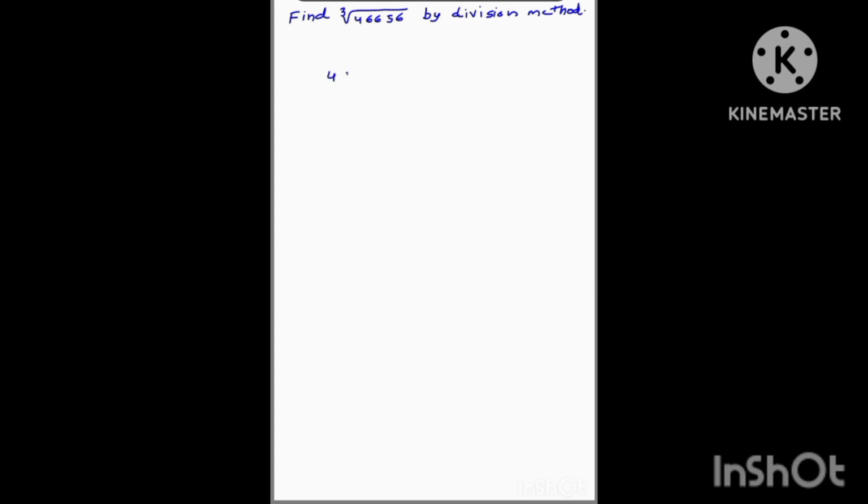So 46656, write it like this. Make a group of 3 from the right hand side, then mark with a bar. 46 doesn't have a third digit, so it is a group of only 2 digits. Then find the two numbers whose cubes are below and after 46.